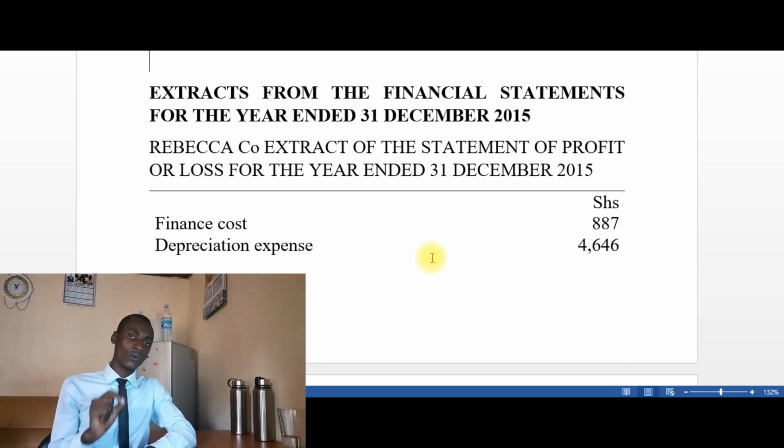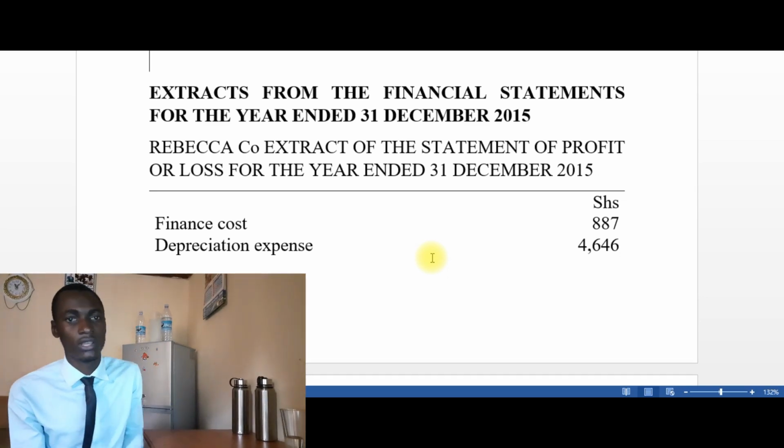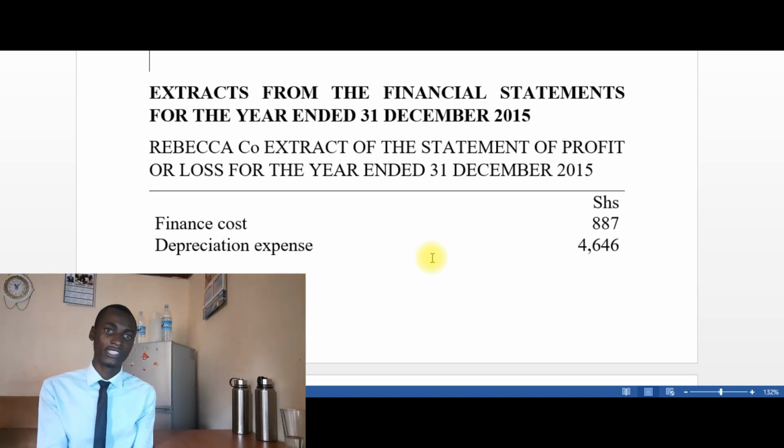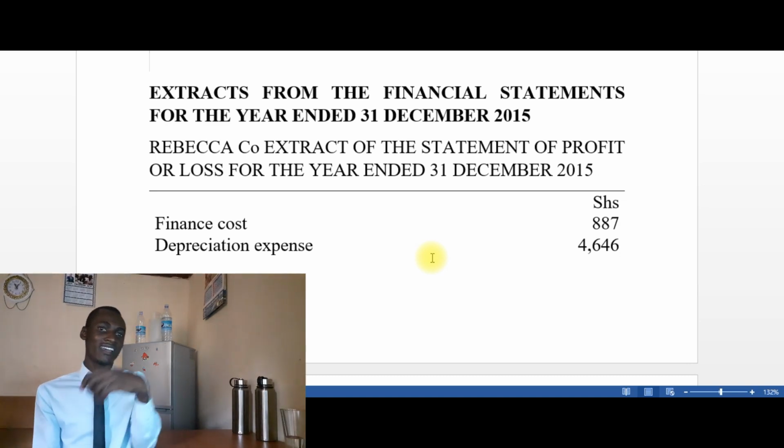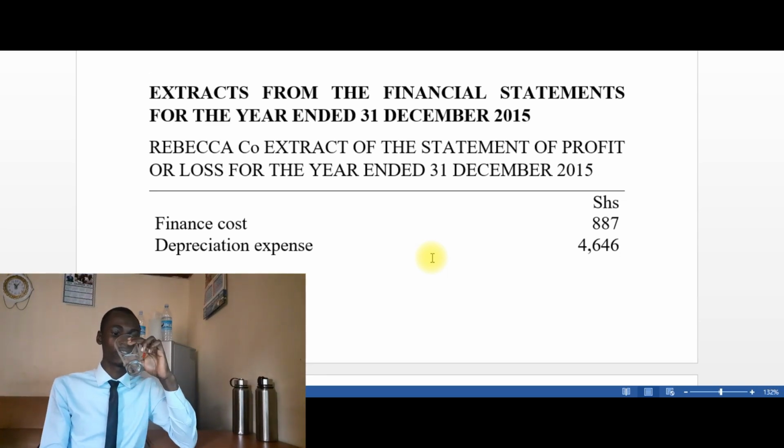There is a finance cost from our table in the first year, that is 887. Then there is also our depreciation expense of 4,646. So your statement of profit or loss should always capture those two expenses when it comes to lessee accounting.